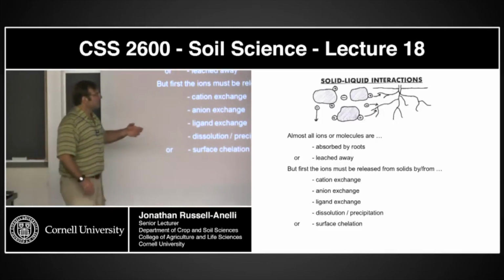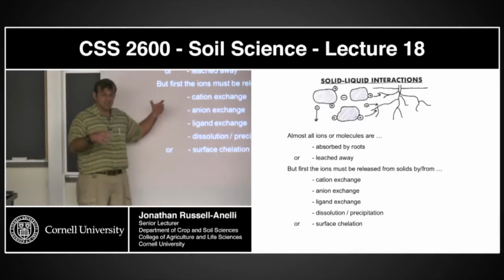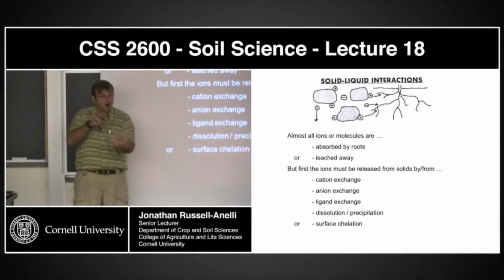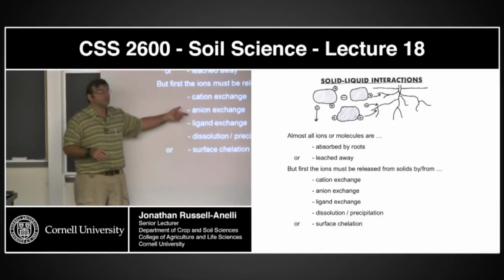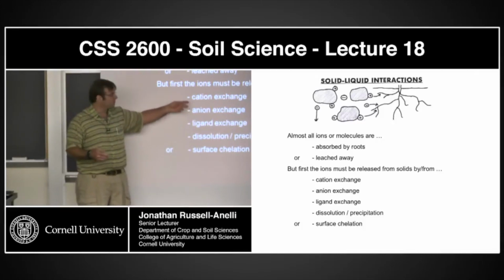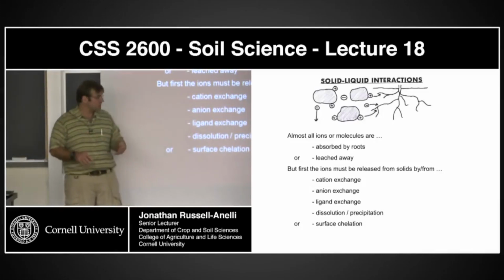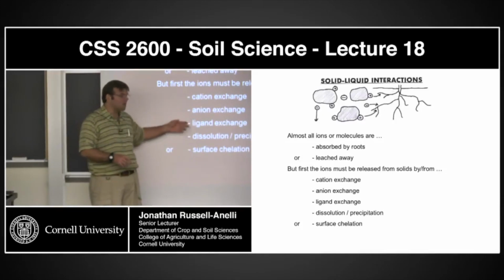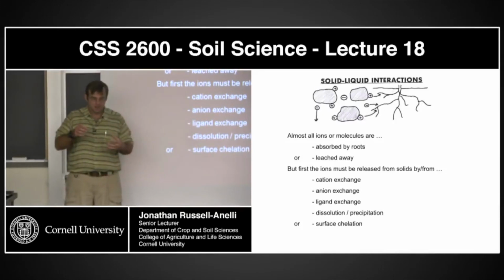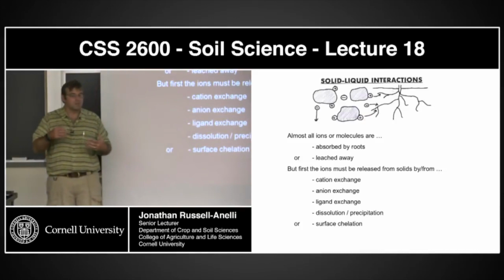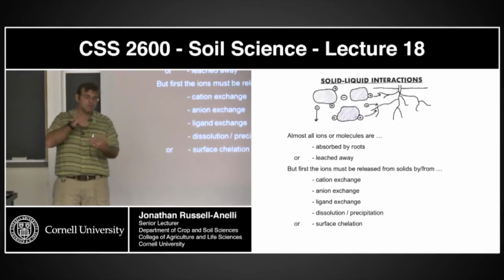Now, this can happen because of cation exchange, i.e. coming off of and being exchanged onto these colloids, and also anion exchange, the same thing, except this is a positively charged ion and this is a negatively charged ion. I also can have ligand exchange, and I'll explain what each one of these is in a moment. Ligand exchange is basically an ionic or covalent bond that's multiply binding to a central ion, so it's usually a metal.